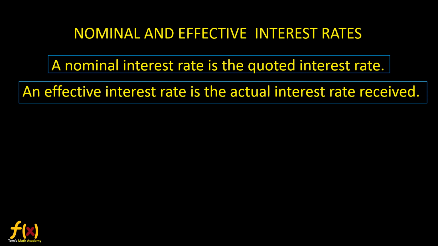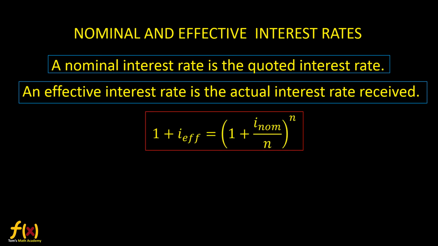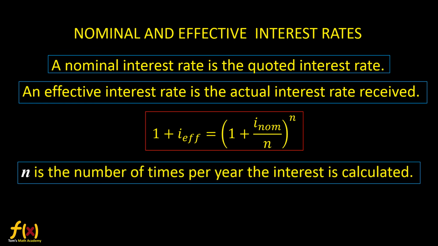For this we have a beautiful formula. 1 plus i effective equals 1 plus i nominal over n, to the power n. What is this n? n is the number of times per year. If you see compounded quarterly, then n is 4.